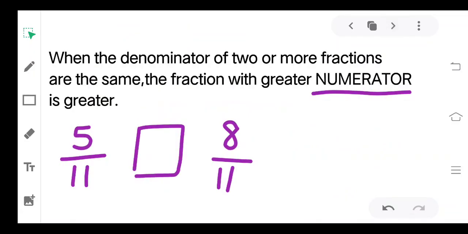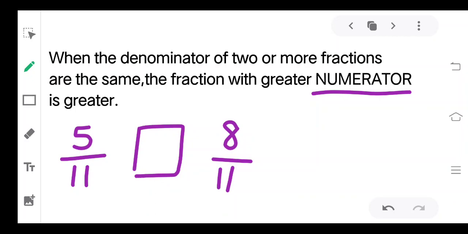When the denominators of two or more fractions are the same, the fraction with the greater numerator is greater. Students, here in this example you can see that the denominators of these two fractions are the same. So when we have to compare which number is greater or smaller, we move to the numerator.